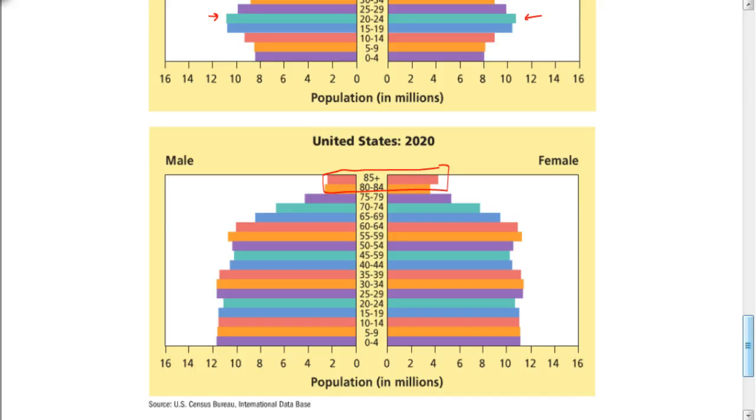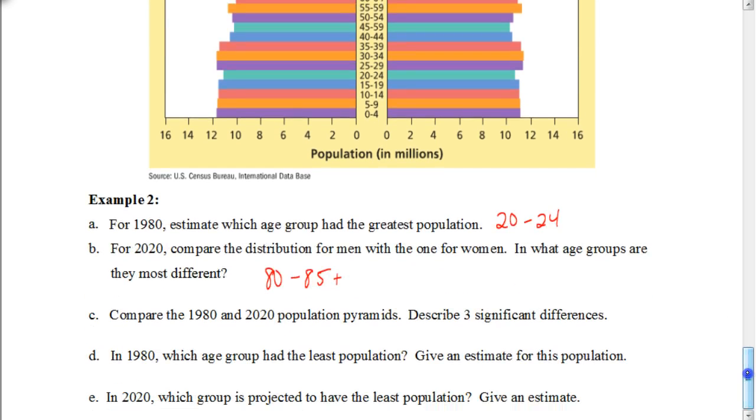It pretty much stays steady from the ages of 0 to 60. It's not until after the age of 60 or 65 that the population in those age groups starts to decline. But there's a number of different observations we can make. There's just a couple. Let's look at part D.